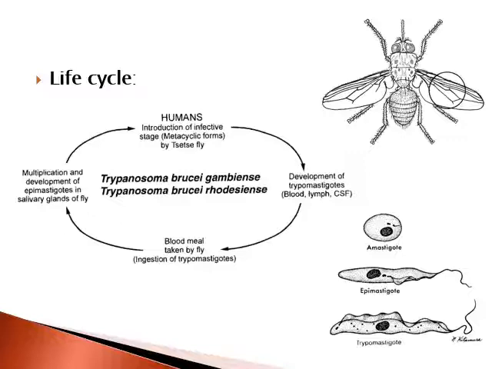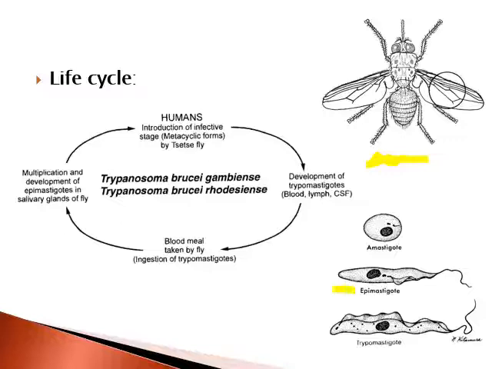When the trypanosomes are ingested inside the gut of the tsetse fly, they are transformed into epimastigotes.